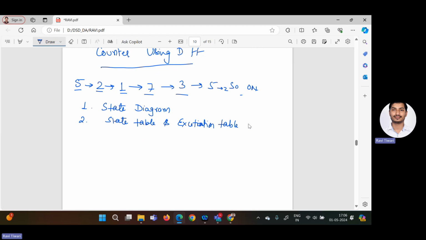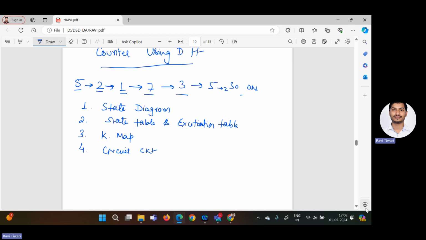As we are using D flip-flop here, we require the D flip-flop excitation table. After that, we will use the K-map to find the expressions for the D flip-flop inputs. And later we will draw the circuit diagram. These are the 4 steps by which we can design the circuit.